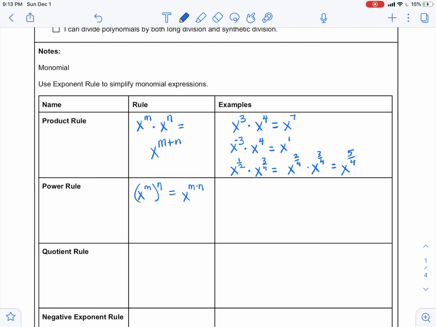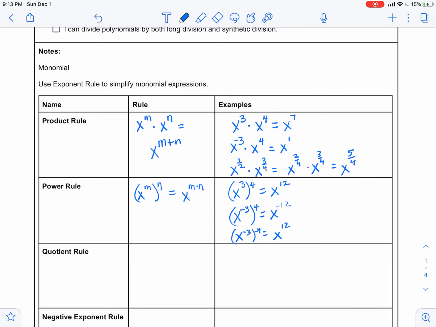An example might be x to the 3 and that whole thing is to the 4th power; the rule would be to multiply the two. Same thing if you had a negative, then you would still multiply. This time you would get a negative 12. You could also have both being negative, which will also occur, and then a negative times a negative makes that positive.